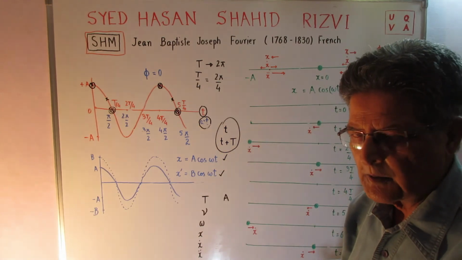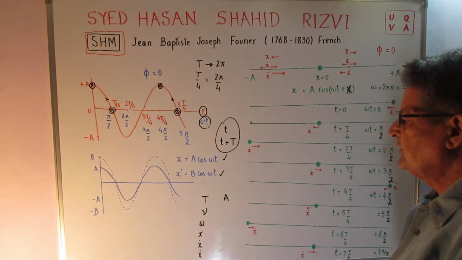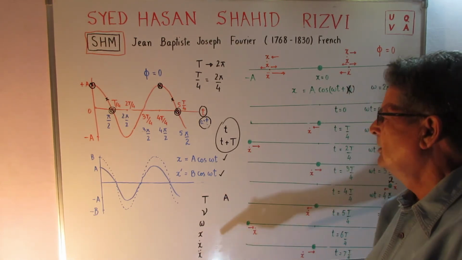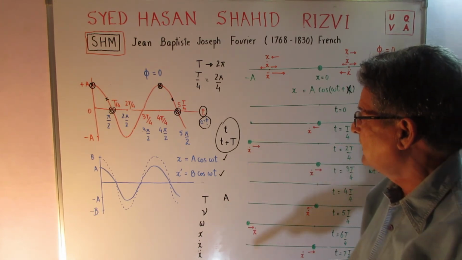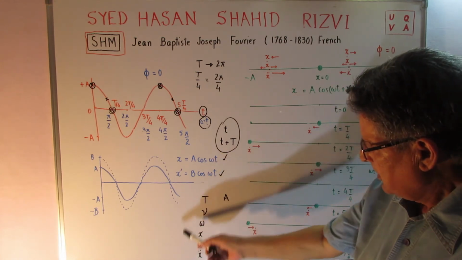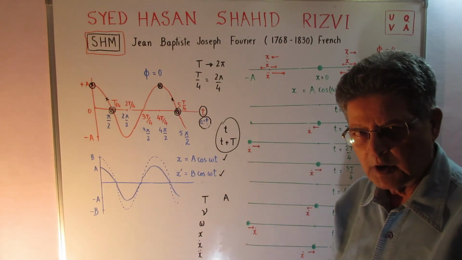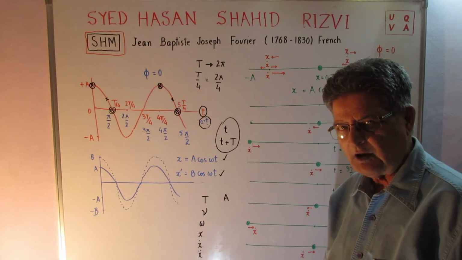Of course, you know what these values are for, so I'm not going to tell you time and again. So this is about simple harmonic motion, which we can obtain by several means.